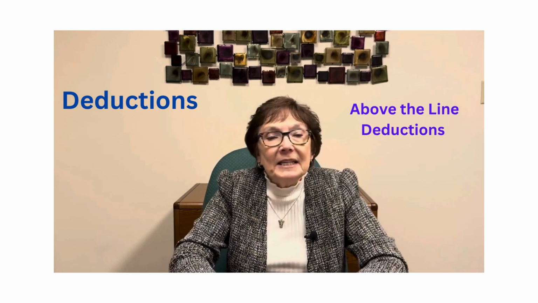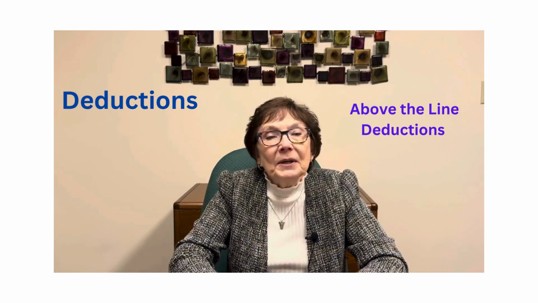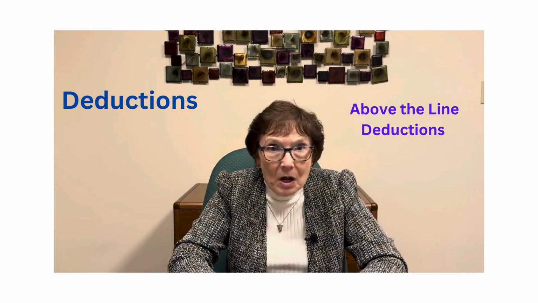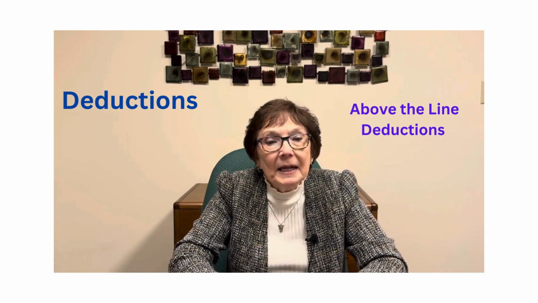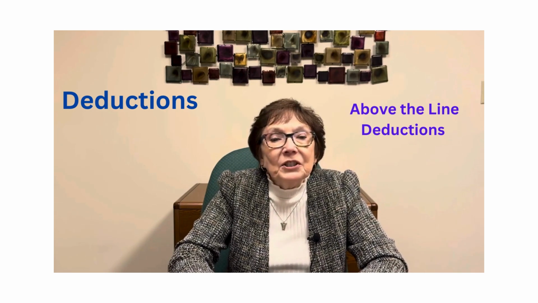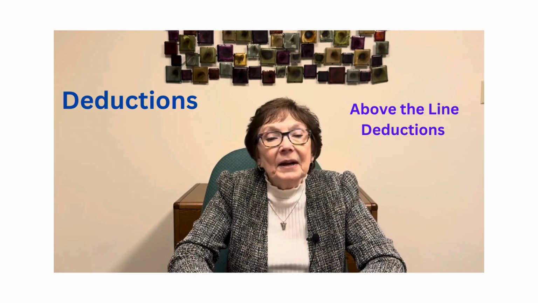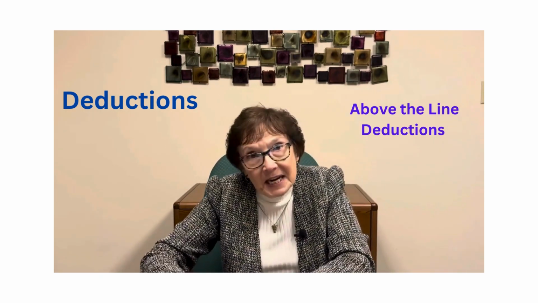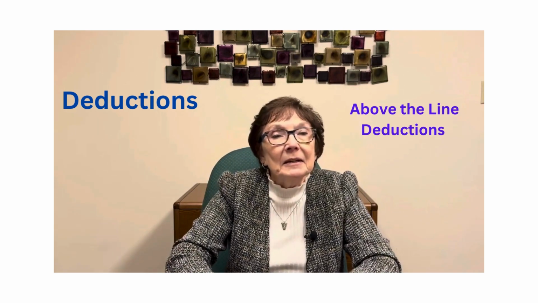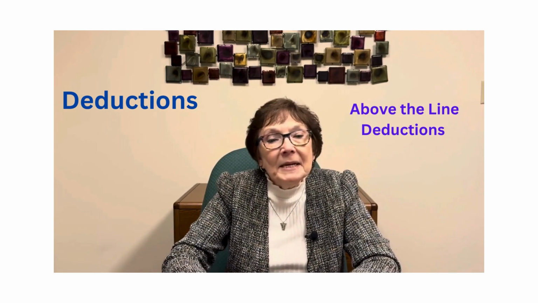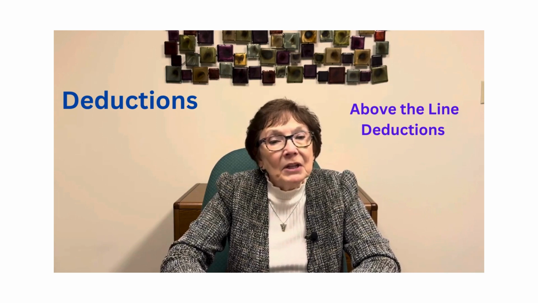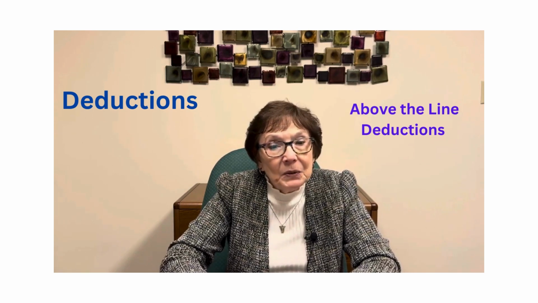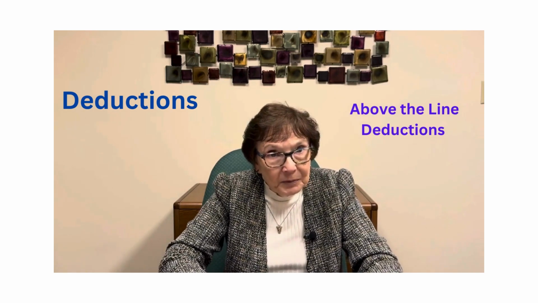Now, above the line deductions are reported on Schedule 1 of your 1040. Now, these deductions generally have the effect of reducing both federal and state taxable income. Some common examples of above-the-line deductions include IRA contributions.